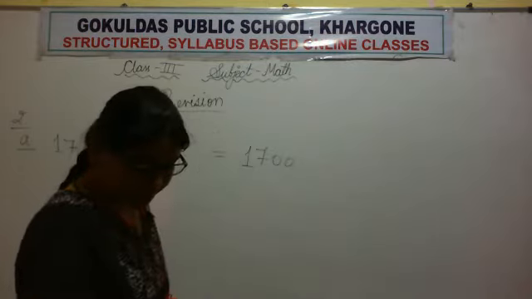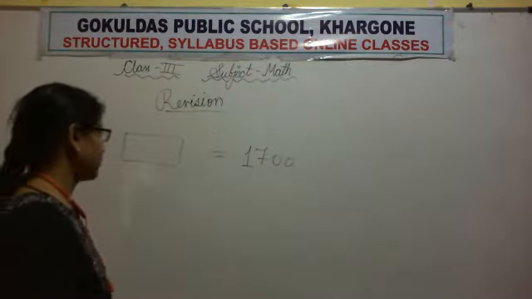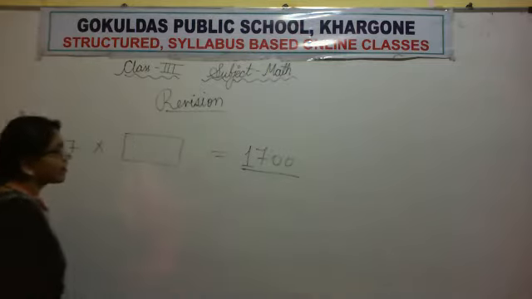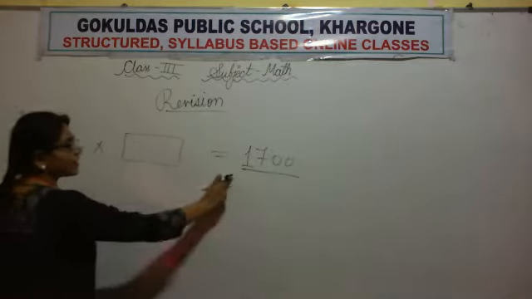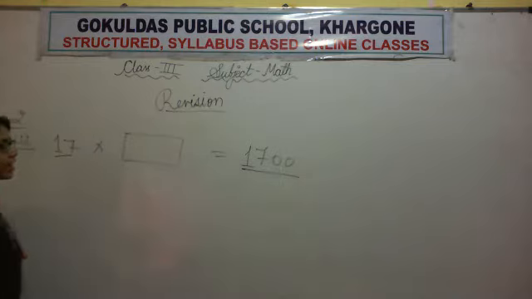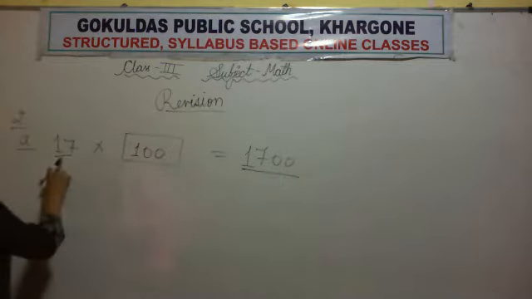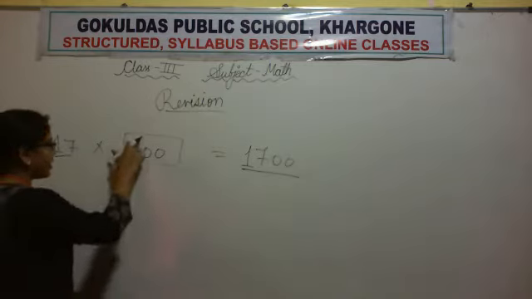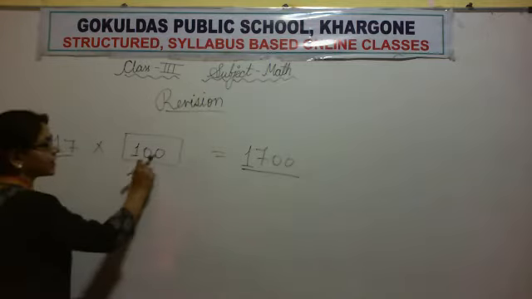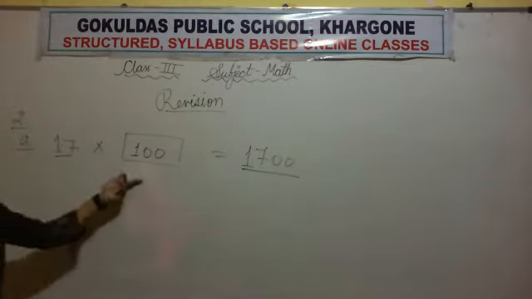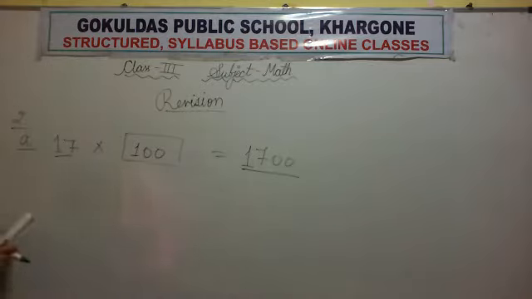So see, 17 into blank is equals to 1700. So 17 as it is and the 2 zeros are there. So 1 followed by 2 zeros. If we multiply 17 into 100, then we will write 17 as it is and these 2 zeros we will put over there. So 17 into 100 is equals to 1700.